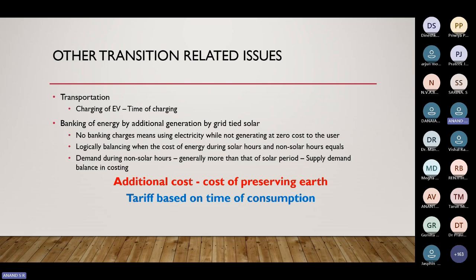So the problem is, power is available at 1 rupee per unit across the country if there were no transmission constraints, but the consumers of that area were not able to make use of that low price energy because there was power generation and that is getting banked with the grid.